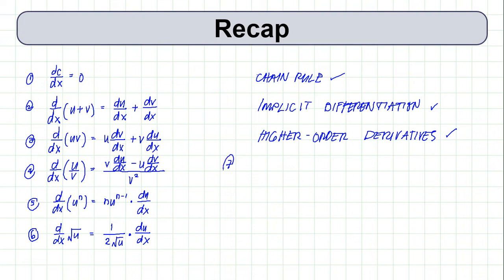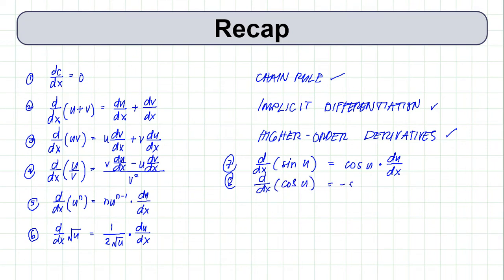Maybe number 7 is the derivative of sine of a function. With respect to x, that is cosine of that function times the derivative of the function inside. The derivative with respect to x of cosine u equals negative sine u, times the derivative again with respect to x.